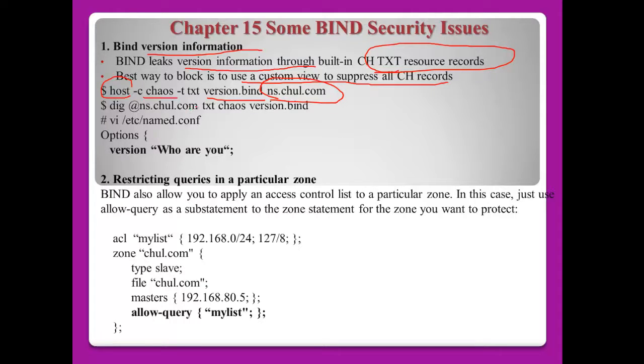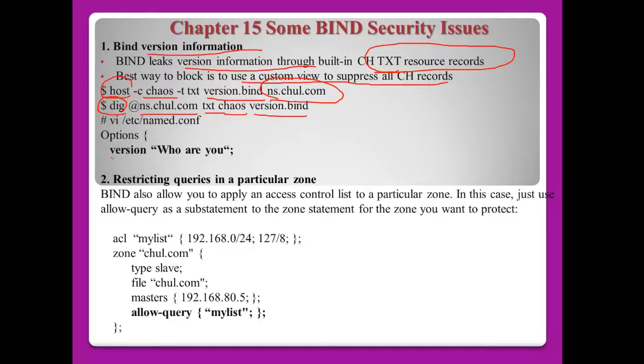Then this one will show the version information. If you want to use dig, then the name server and TXT chaos version.bind. Then this one will show the exact version number.